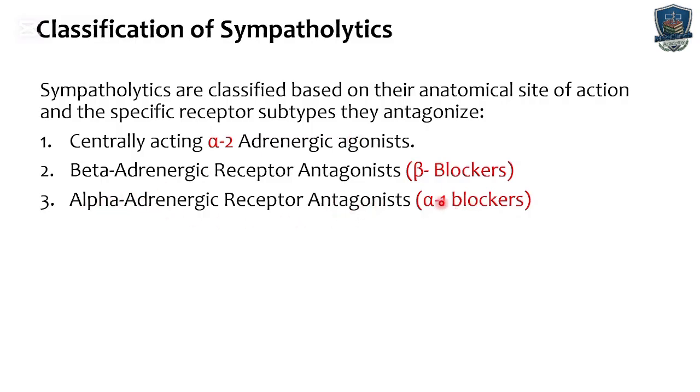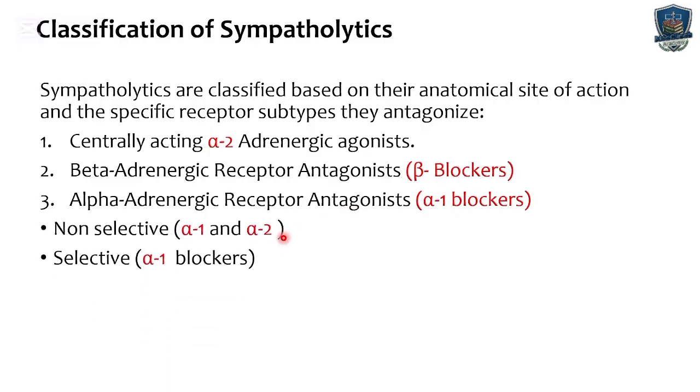The alpha 1 tends to lead to an increase in blood pressure. So if you want to decrease blood pressure, we have to work against the alpha 1 receptor. So point taken home: alpha 2 receptor, we want to promote it because it leads to a decrease in blood pressure. Alpha 1, we want to work against it because it leads to an increased blood pressure. So that's something that you have to remember.